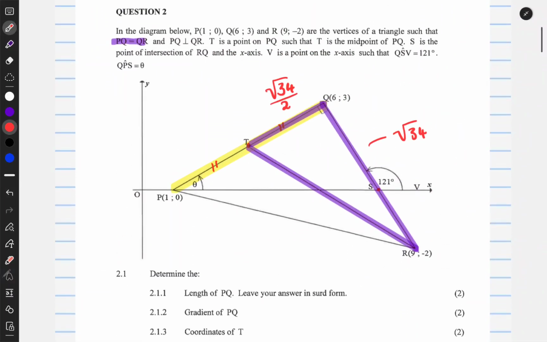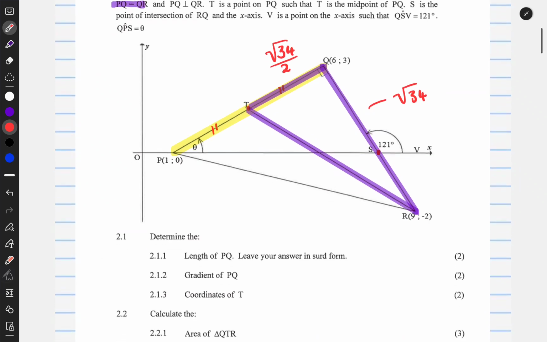And then remember that S is what? S is the intercept, or the x-intercept of the line QR, so y, we know, is 0 there.